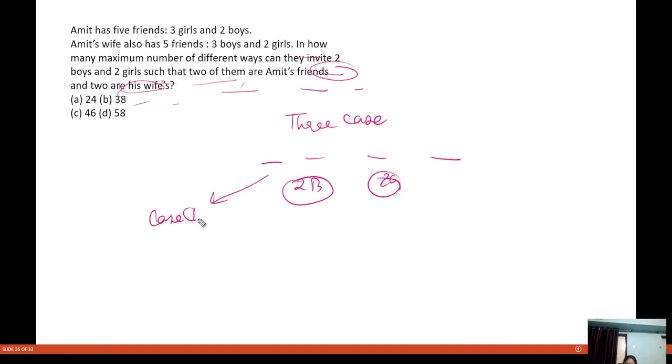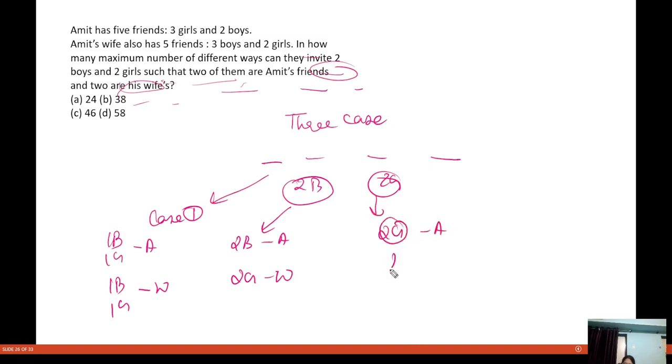First case is what? We are getting one boy and one girl from Amit, and one boy and one girl from his wife. Second case, what we did here, we are taking two boys from Amit, and two girls from Amit's wife. And then the next case is two girls from Amit and two boys from Amit's wife. Okay, so these are the cases. Other than this, there is no other case.